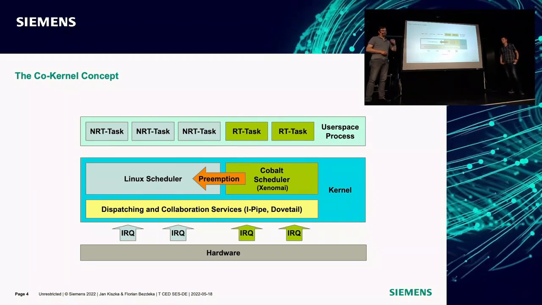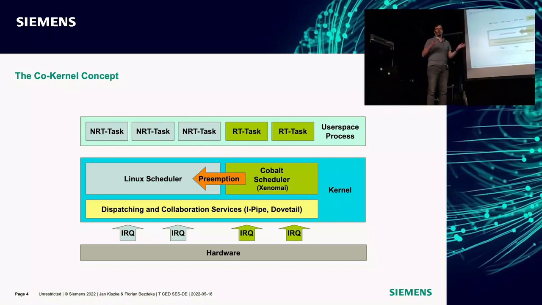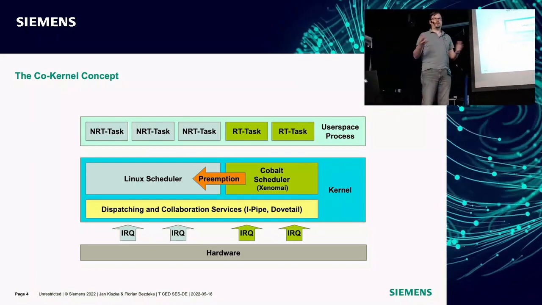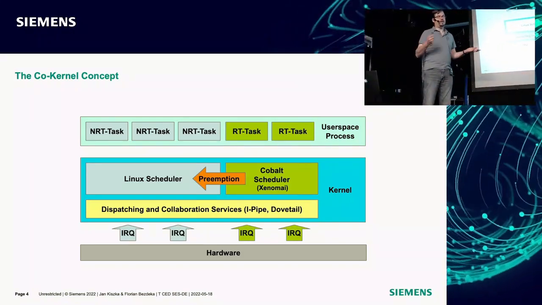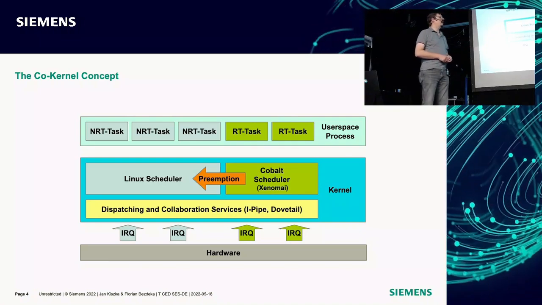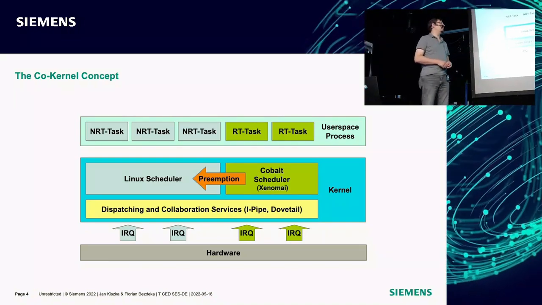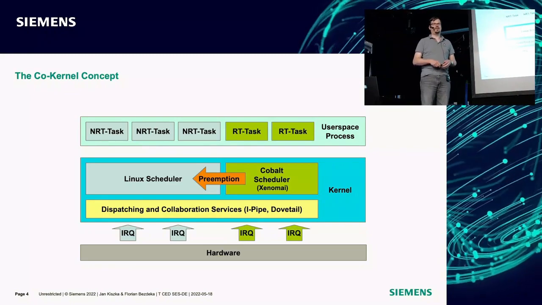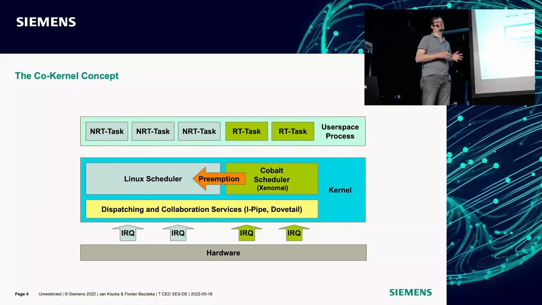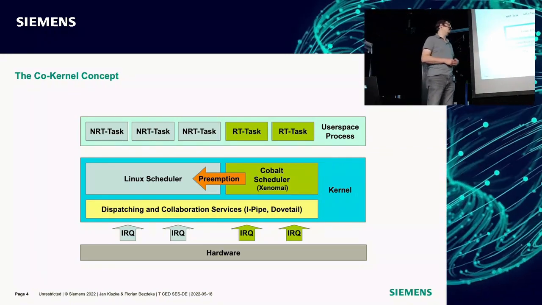So again, from the user space perspective, you have an application which consists of real-time and non-real-time parts and tasks, specifically threads. But in that case, the real-time threads are not handled by the same scheduler, they are handled by a specific one when they are in real-time mode.